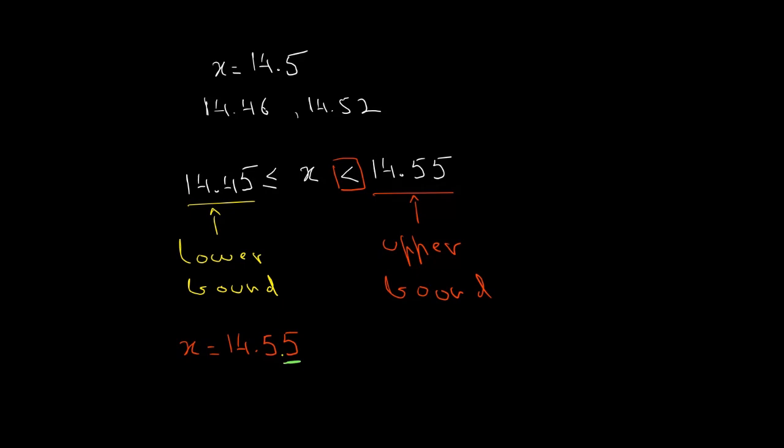So when I approximate it, this would turn out to be equal to 14.6 to one decimal place, okay? So since it is not, that means I can't have it equal to 14.55. It has to be less than 14.55. So it could be like 14.549999999, and that would be perfectly fine, okay?